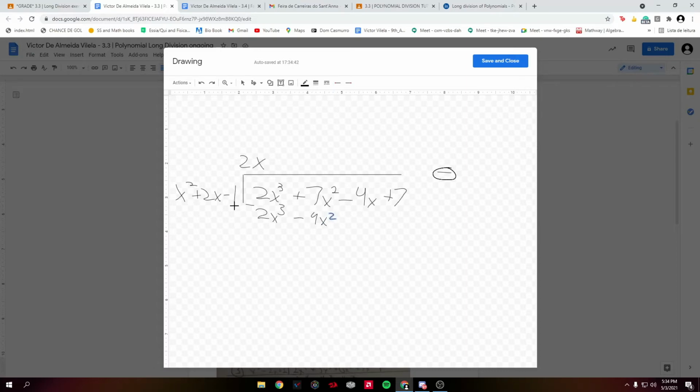And also for this one, which would be plus 2x, which if you do the calculations is going to be 0. This is going to be positive 3. This is going to be negative 2x. And this is going to be 7 because we just bring it down.